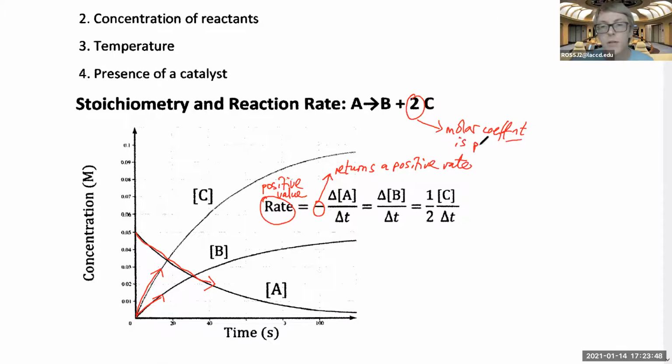Because we have A and B in a 1-to-1 molar ratio, we can see that the rate of decay of A is equal to the rate of production of B. But because C has a 2 molar coefficient, we see that the production of C is twice the production of B.